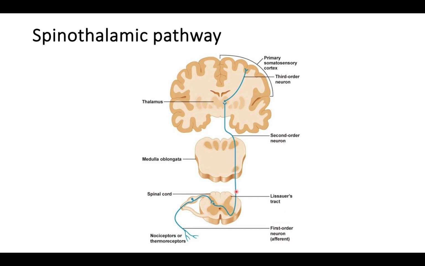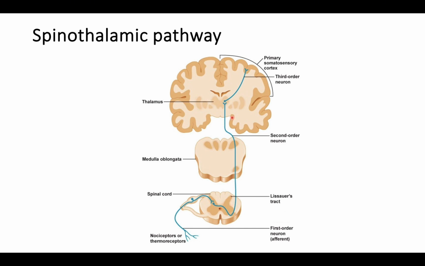So it goes all the way to the midbrain and then to the thalamus. It will first go through the medulla, the pons and the midbrain. This diagram is not showing you the pons and the midbrain, but it will go through them because that's the brain stem.